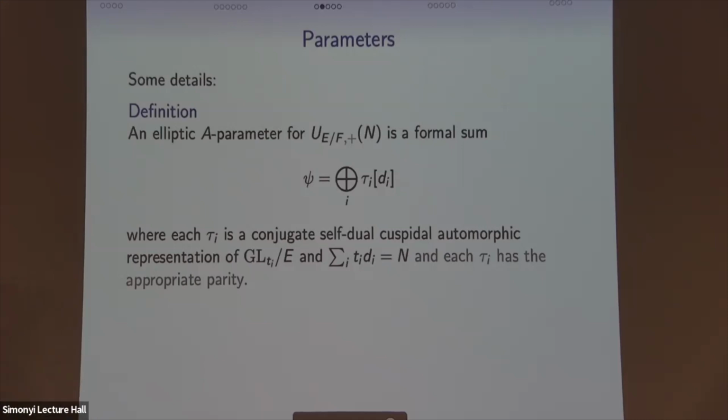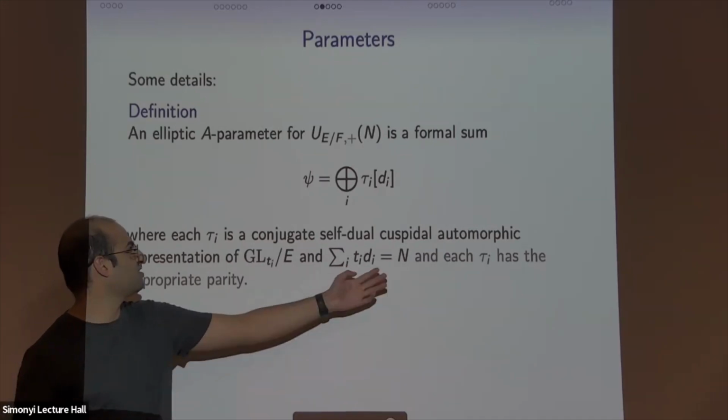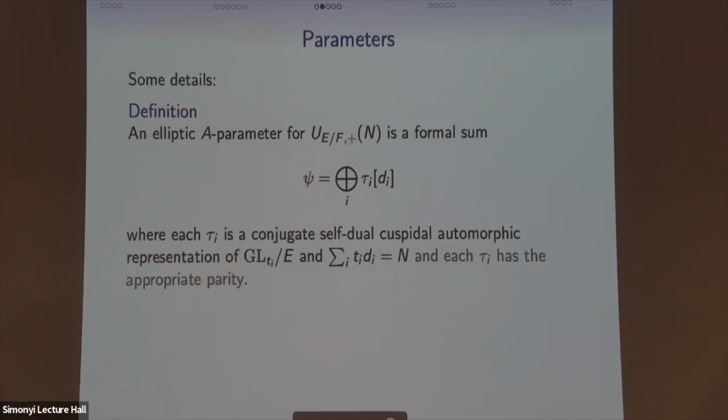These are just some adjectives you can add to it. Conjugate self-dual: there's some conjugation and transpose action on the unitary group, so you can twist the representation by this and you should get the same thing. And basically the sum of the products t_i times d_i needs to equal the rank of the unitary group.